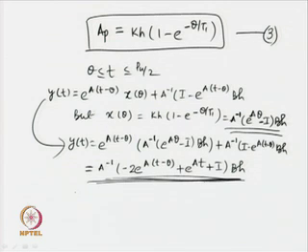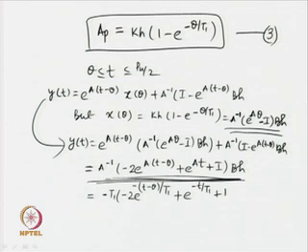Then y t further upon substitution of a and b can be written as y t is equal to minus T 1 minus 2 e to the power minus t minus theta by T 1 plus e to the power minus t upon T 1 plus I, then k by T 1 h.